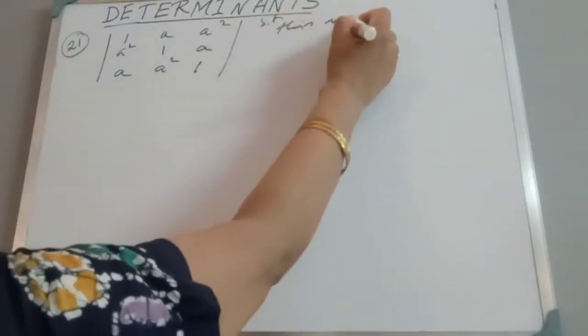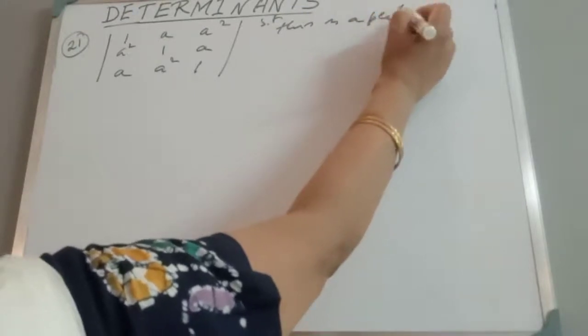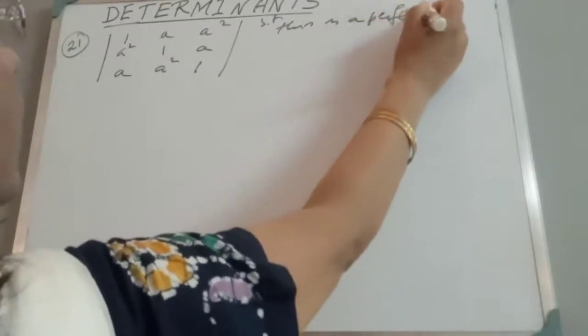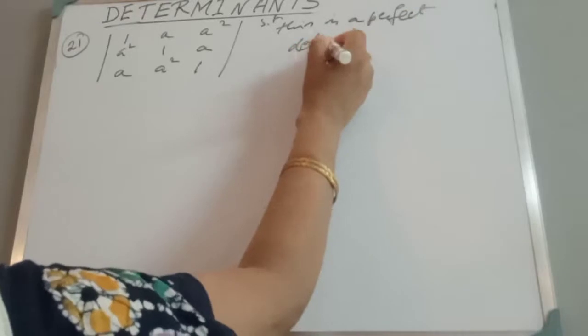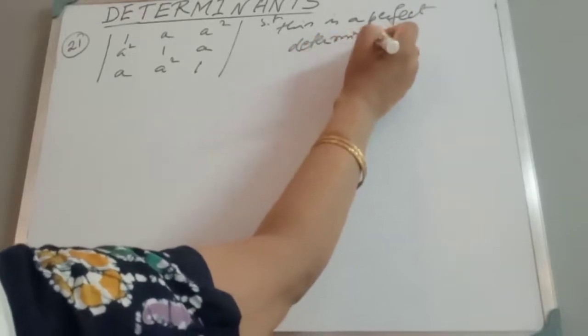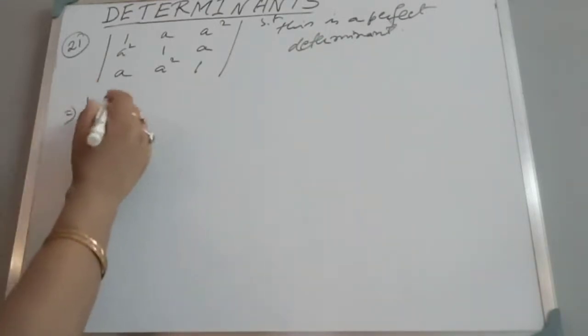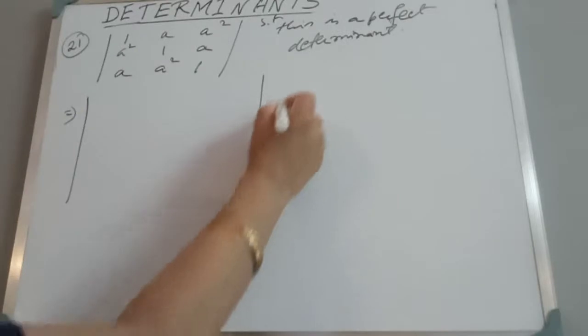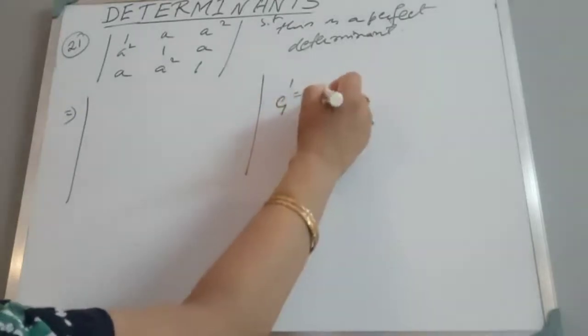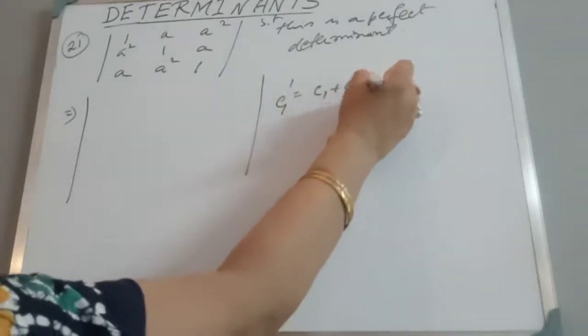How to show the determinant as a perfect square? Let us change the first column: C1 plus C2 plus C3.